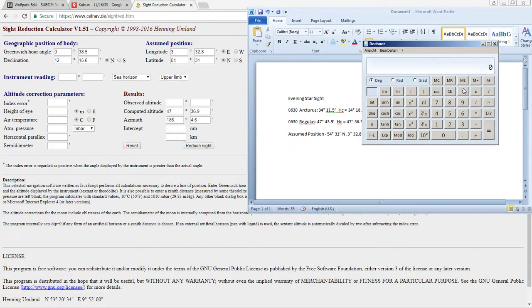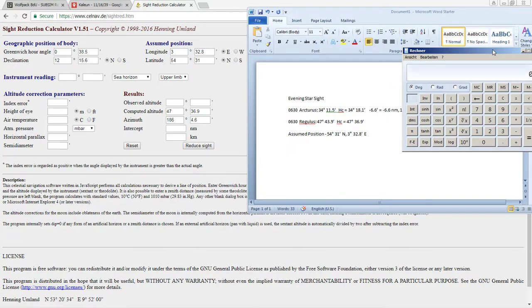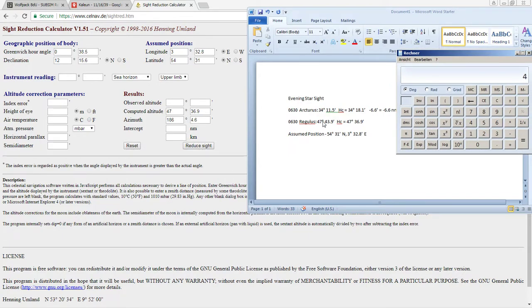Okay, and then the offset, we do the math. Our observed was 47 43.9 minus 47 36.9. There equals that. We convert that.